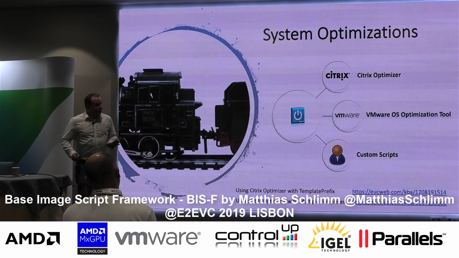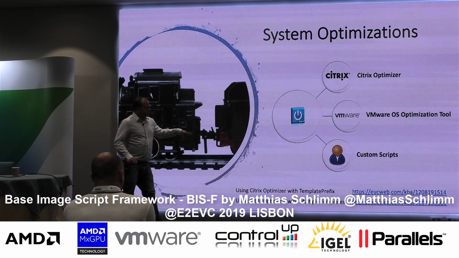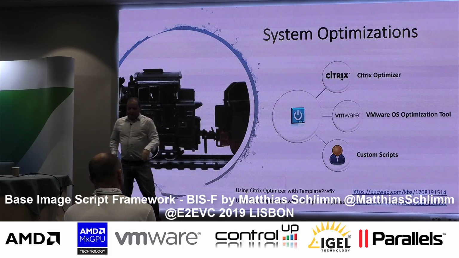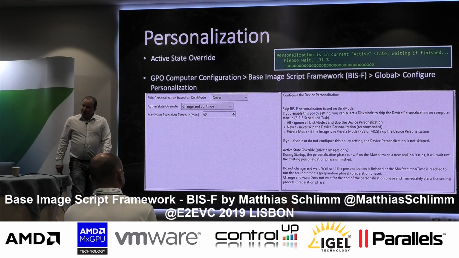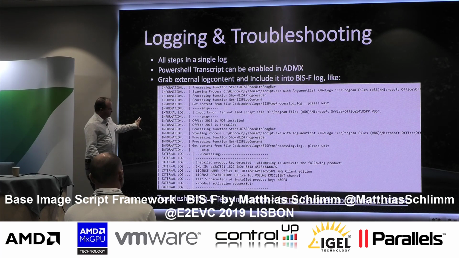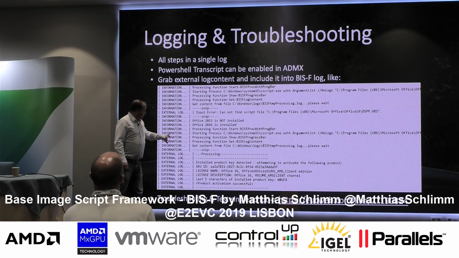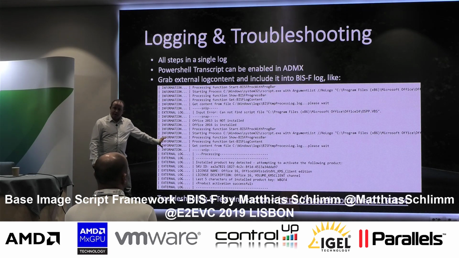I'm also writing some articles that you can use, for Citrix Optimizer for example. This is the logging feature: external logs, for example, are grabbed inside the BIS-F log, and you can also see what happens under the hood.